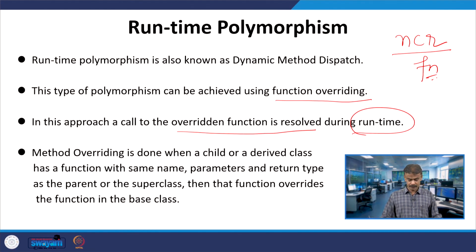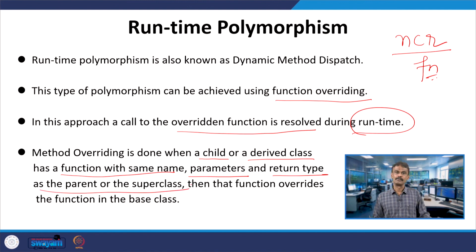Assume that you have the same function name in both the superclass and subclass, or base class and derived class. Here the number of parameters and return type can be the same, whereas we have some constraints in compile time polymorphism.